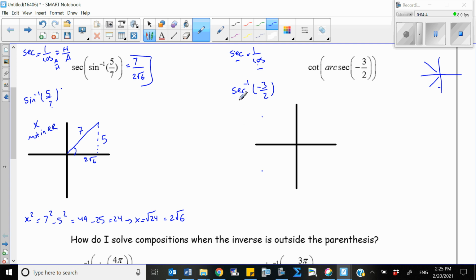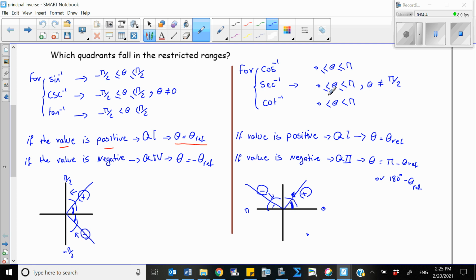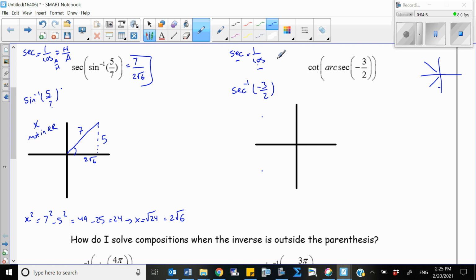The restricted range for secant inverse was from 0 to pi. So I can accept the ones which are between 0 and pi, not this one. So this one is not in the restricted range. We're not going to take that, only this one.